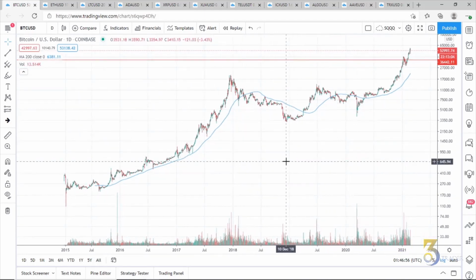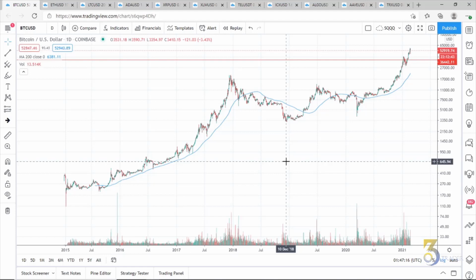Now, besides just talking about a market direction being either in an uptrend, a downtrend, or consolidating, the other component I want to get into is price action inside of the uptrend and price action inside of the downtrend.